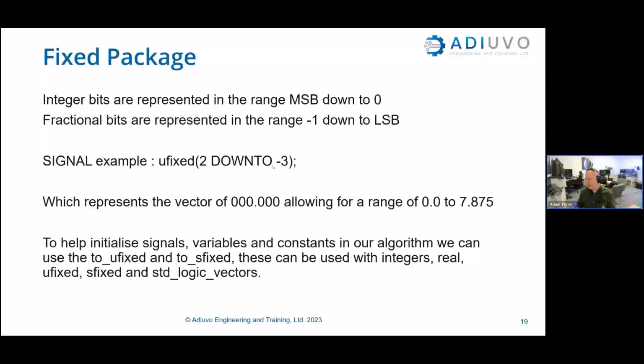That gives us a range of numbers between 0 and 7.875 in an unsigned vector format. And of course, it gives us all the things that we can use to translate between signed and unsigned. So it's really nice and powerful, and to go between vectors, reals, standard logic, and everything, just like you'd expect. It gives that ability to do that translation.